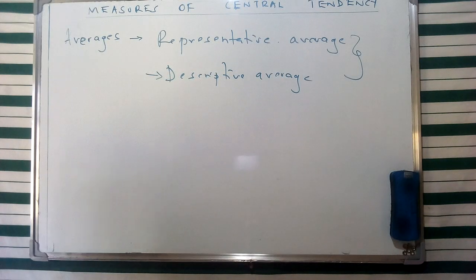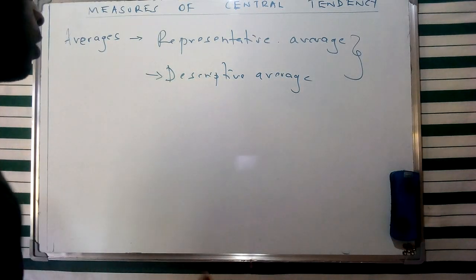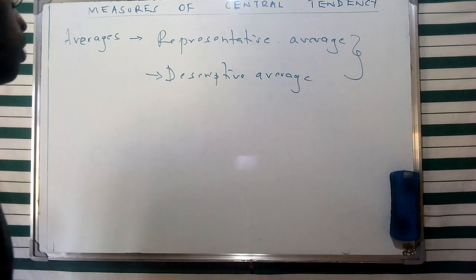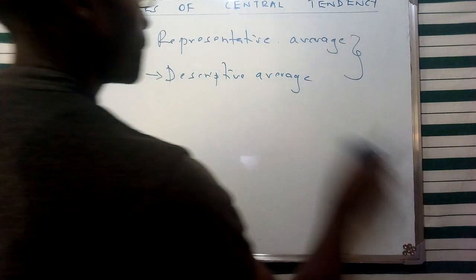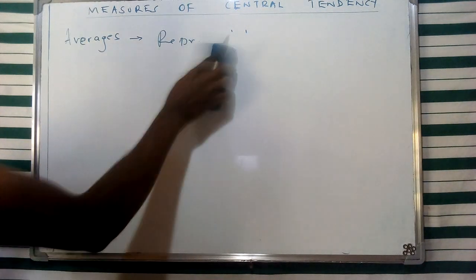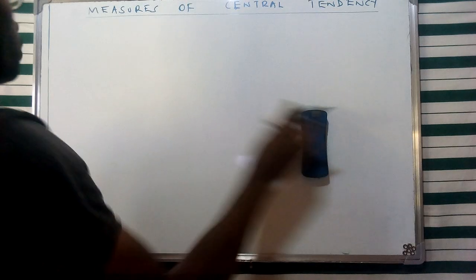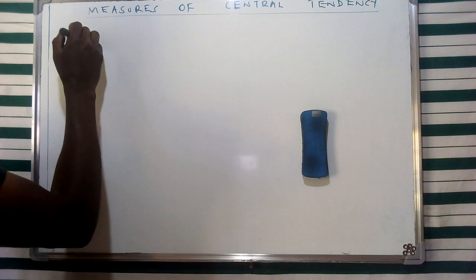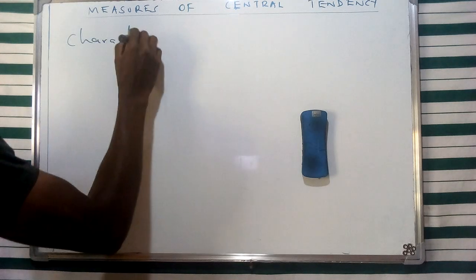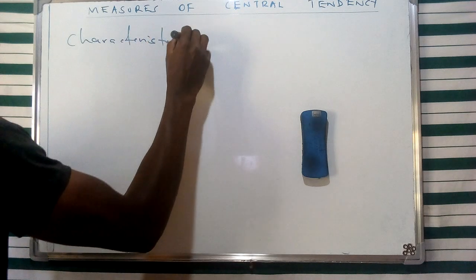And in this case, we're going to look at various characteristics which are going to assist us have appropriate single values which are going to represent these specific numbers. So these are going to constitute the concept of typical averages, which we're going to give in terms of characteristics of these specific averages.